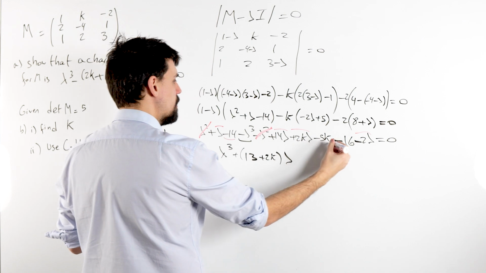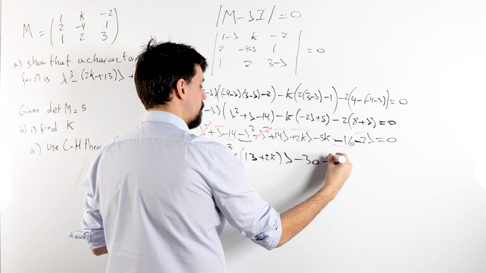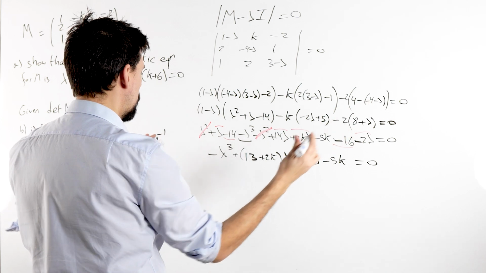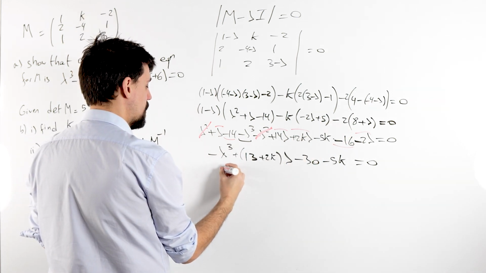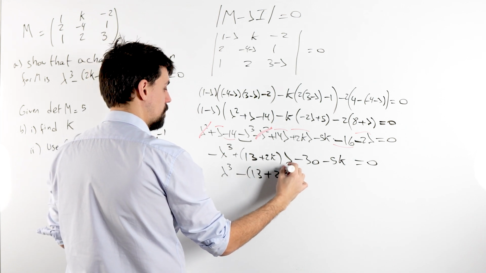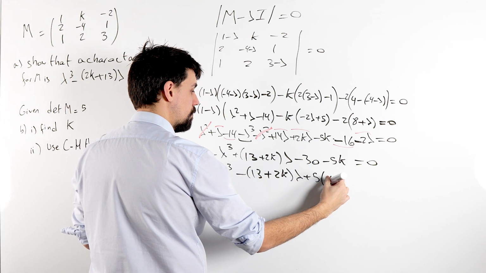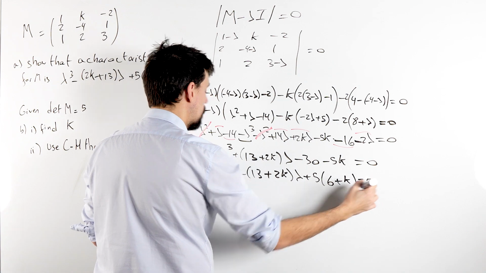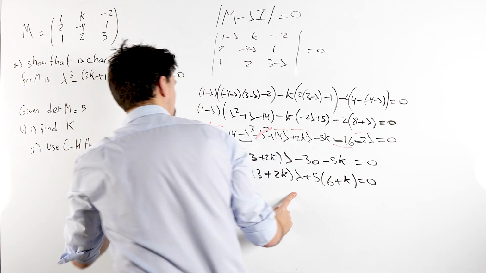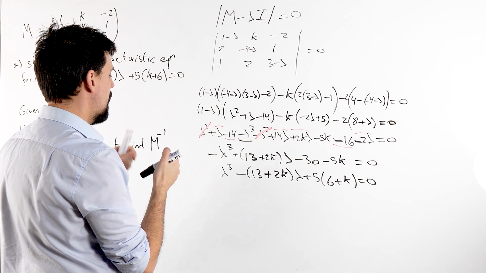And now my numbers, minus 14 minus 16 will give me a minus 30 minus 5k. And if I just flip all the signs, we will get the required result. Pull a 5 out from there, which is kapow, what we were looking for. Okay, step 1 done.